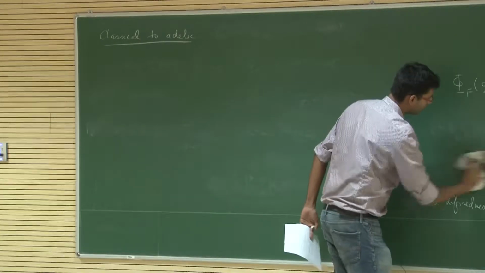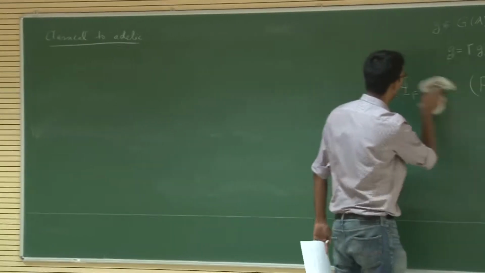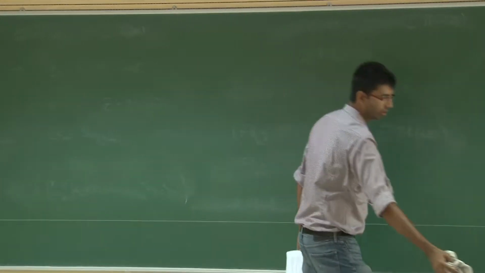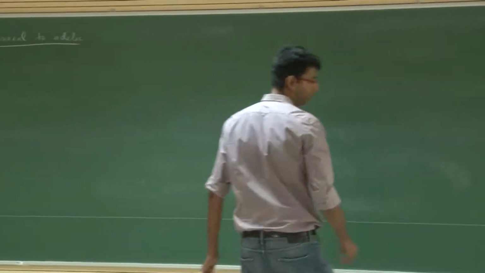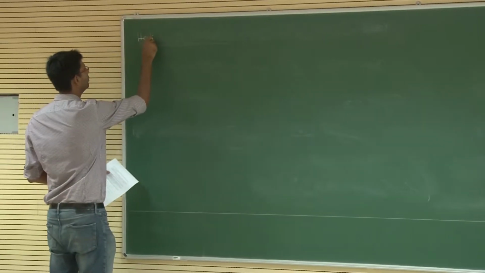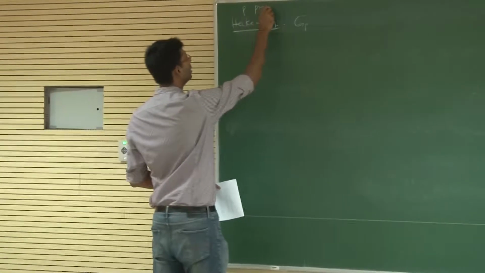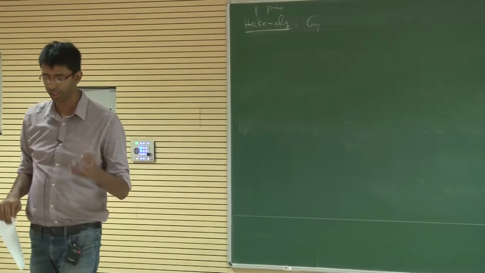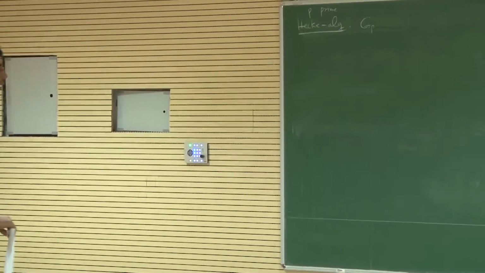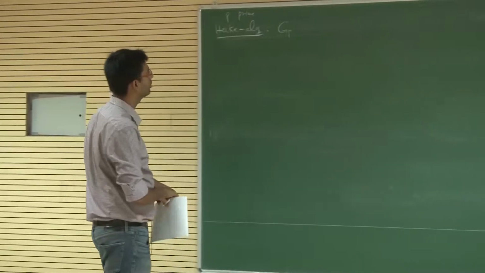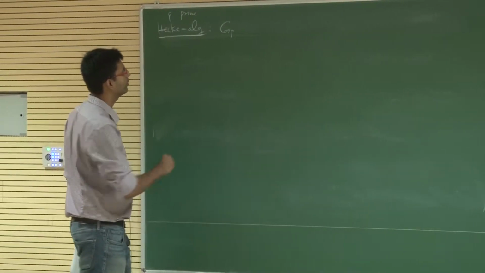Whereas in the group situation, defining the local Hecke algebra is actually very simple, and it goes the following way. This is now local, p is a prime, because the Hecke operators we looked at were for all primes, and then they put together give us the whole Hecke algebra. So one prime at a time is good.